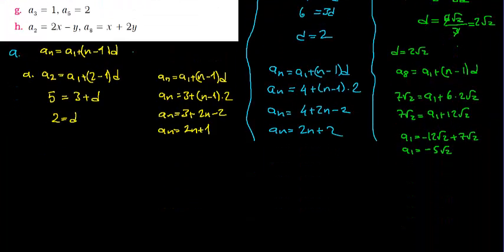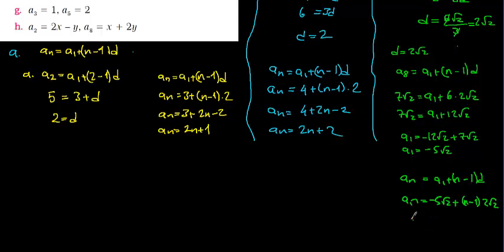Okay, I found a1 and the common difference d. So an is equal to a1 plus n minus 1 times d, and an is equal to minus 5 root 2 plus n minus 1 times 2 root 2.